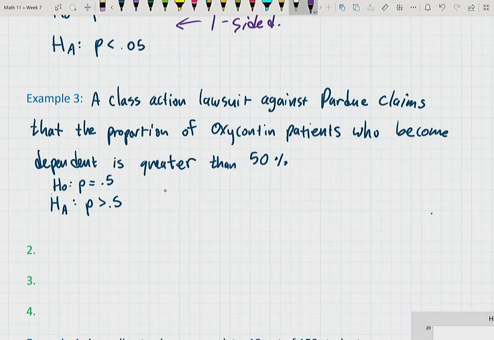This would again be one-sided because the alternative hypothesis is that it's simply greater than a number.